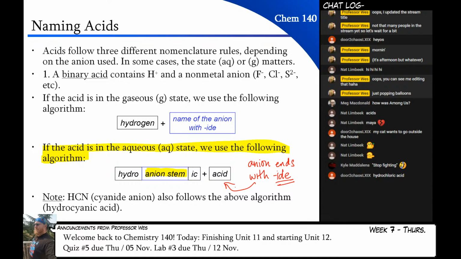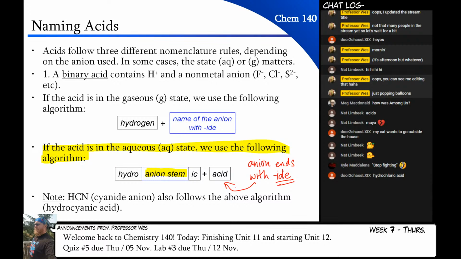So cyanide ends with ide. We chop off the ide, and put the rest of the stem where it says anion stem. So HCN would be hydrocyanic acid. There are not that many anions that end in ide, so only HCN and then all the binary acids follow this. That's why your text will talk about just binary acids. So that's the first naming rule: hydro-blank-ic acid if your anion ends with ide or it's a binary acid.